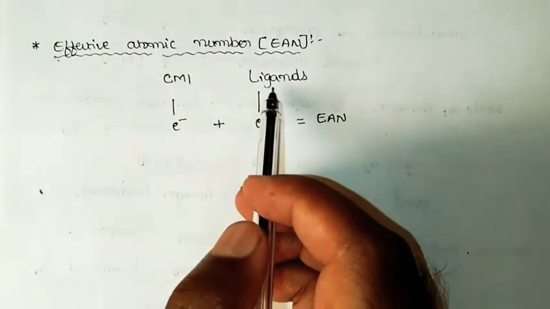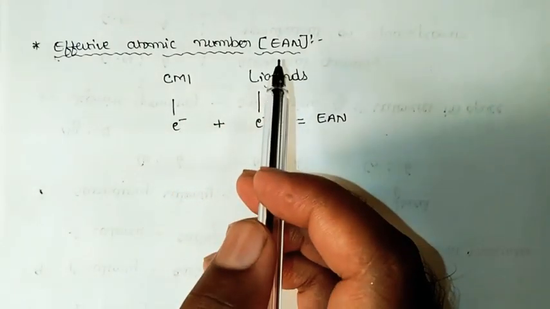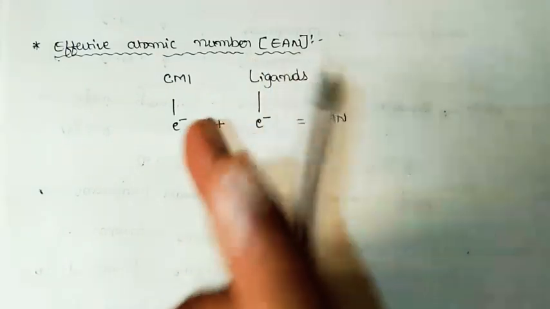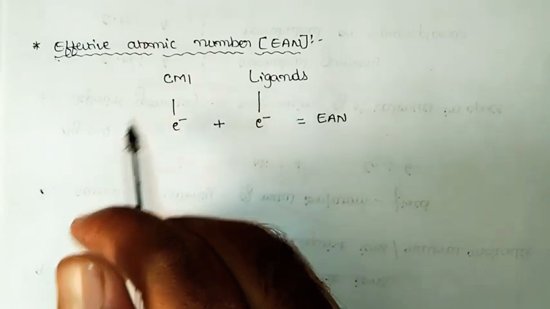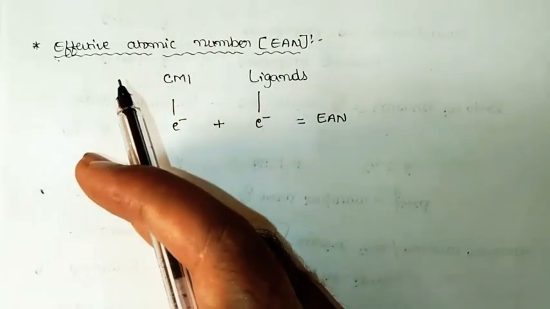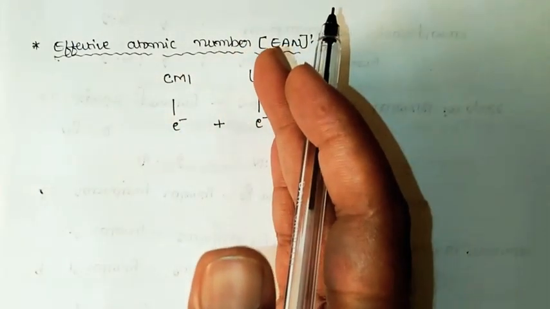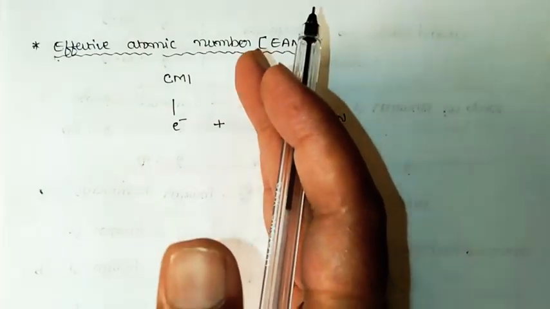Each ligating atom can donate 2 electrons, that is 1 pair of electrons, to the central metal ion. So up to what point will this donation continue?